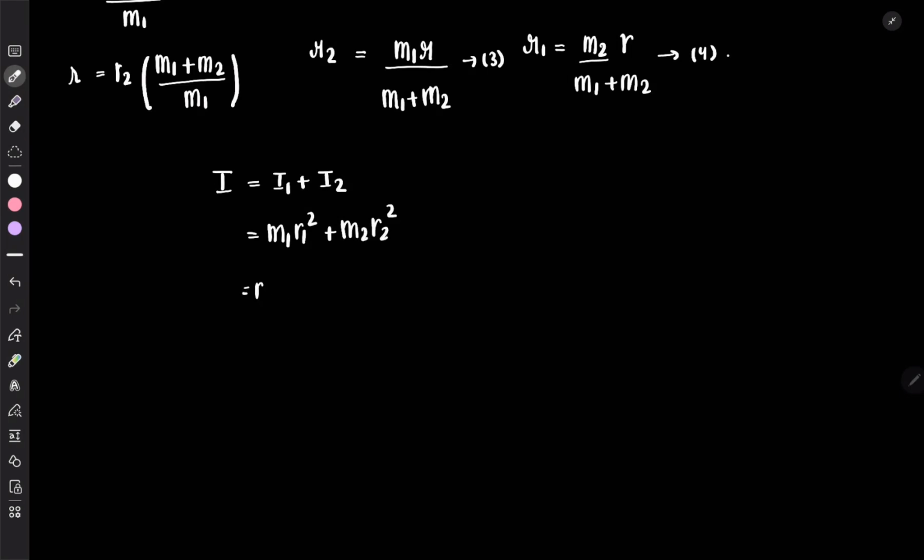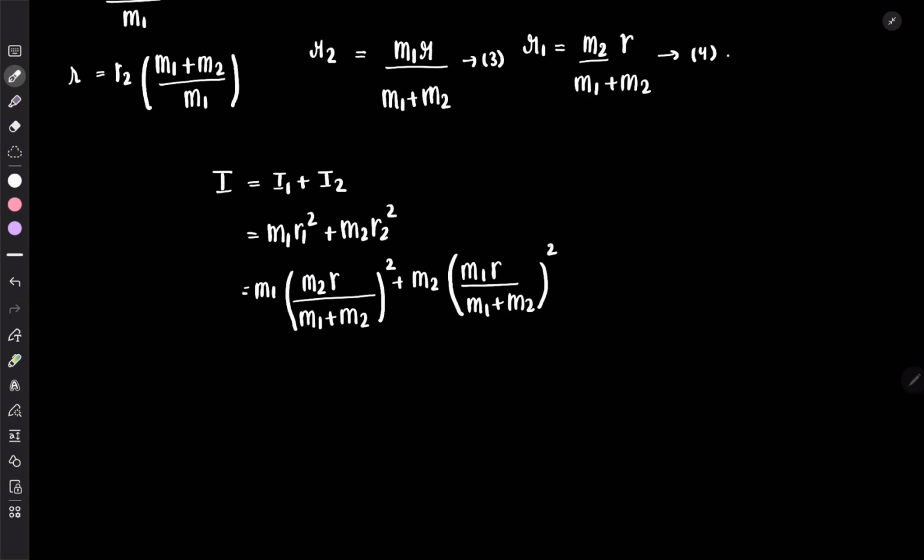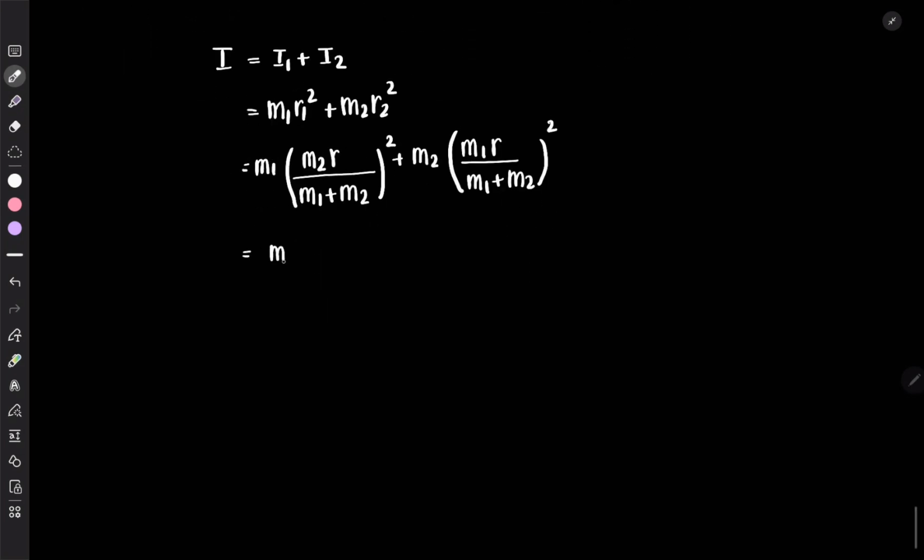You will get m1 times m2 r divided by m1 plus m2 the whole square, plus m2 times the square, giving m1 m2 square r square divided by m1 plus m2 the whole square, plus m2 m1 square r square divided by m1 plus m2 the whole square.